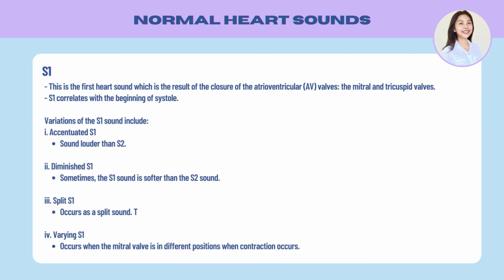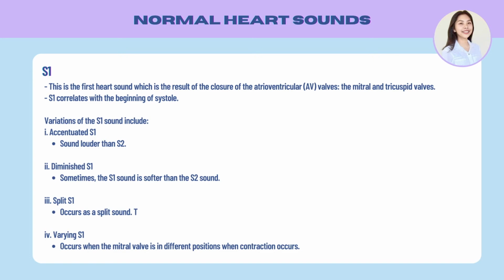First up, for normal heart sounds, we have S1. This is the first heart sound, which is the result of closure of the atrioventricular valves, the mitral and tricuspid valves. S1 correlates with the beginning of systole. S1, also referred to as the lub portion of lub-dub, is usually heard as one sound, but may be heard as two sounds.